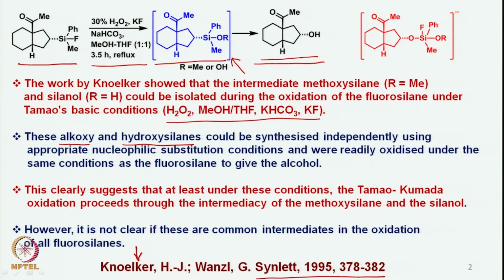So, it is very clear that under these conditions, at least the Tamao-Kumada oxidation proceeds through the intermediacy of the methoxysilane and the silanol, at least in these conditions or for this particular molecule.